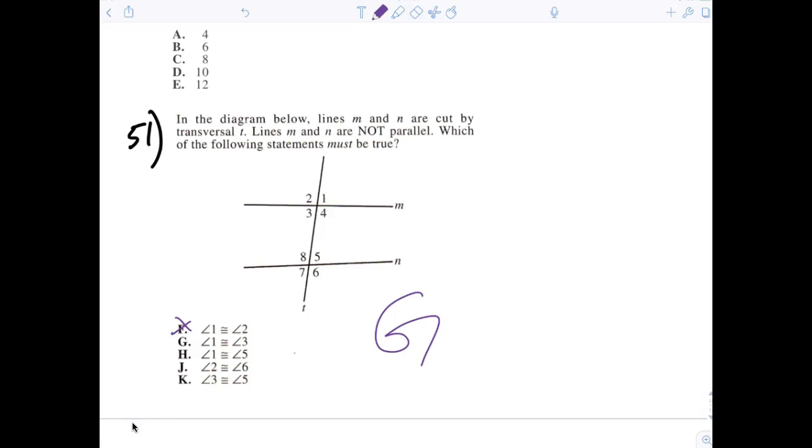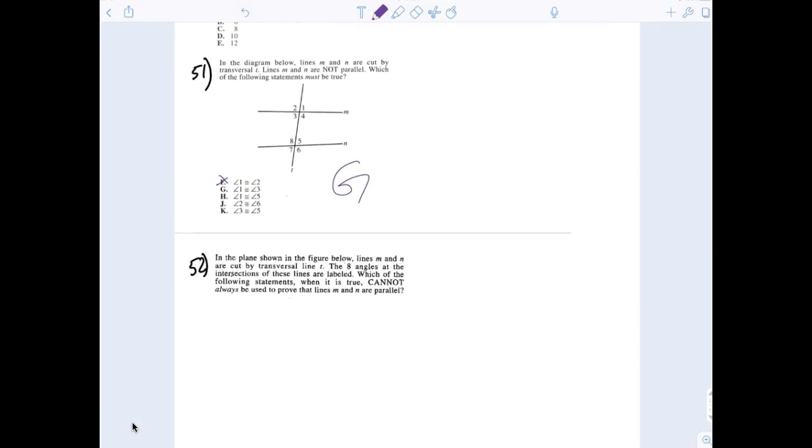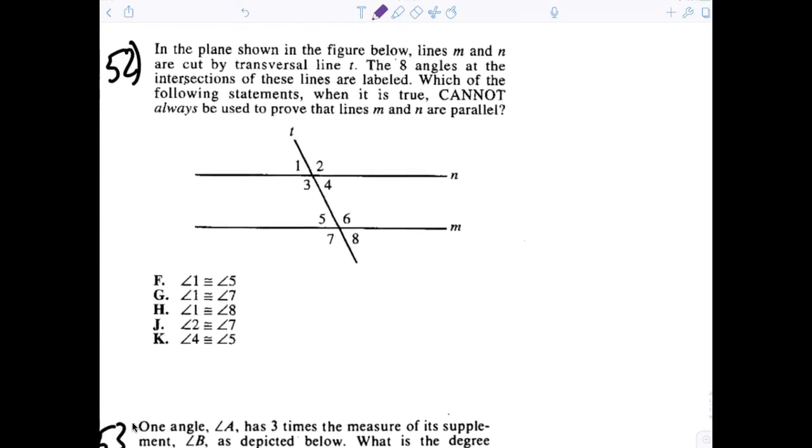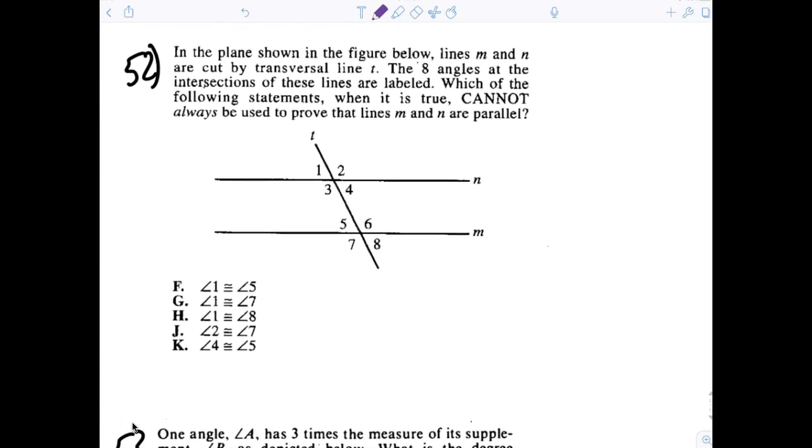All right, let's just keep doing these. 52, here we go. Let's see how you're doing on this. It says, in the plane shown in the figure below, lines M and N are cut by a transversal line T. The 8 angles at the intersection of these lines are labeled. Which of the following statements cannot always be used to prove that lines M and N are parallel? 1 and 5, those are what?